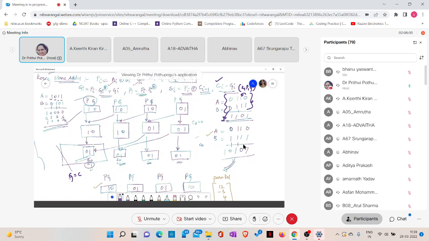And the sum we evaluate is the ith stage propagate with the previous stage carry. That gives the total. After each stage gets stabilized, we evaluate the ultimate result of the sum and carry.